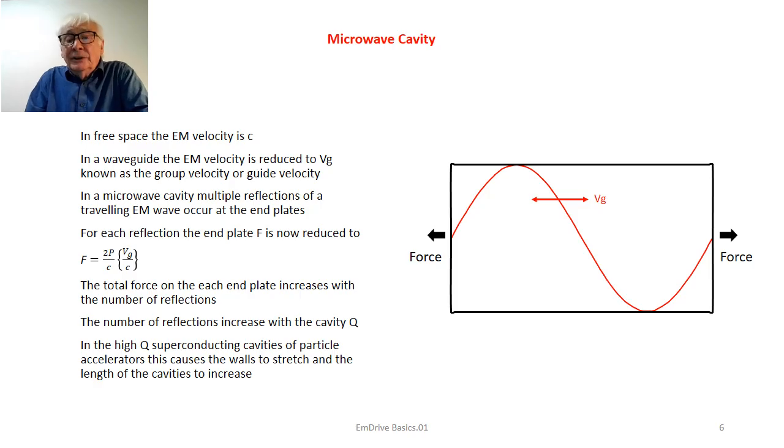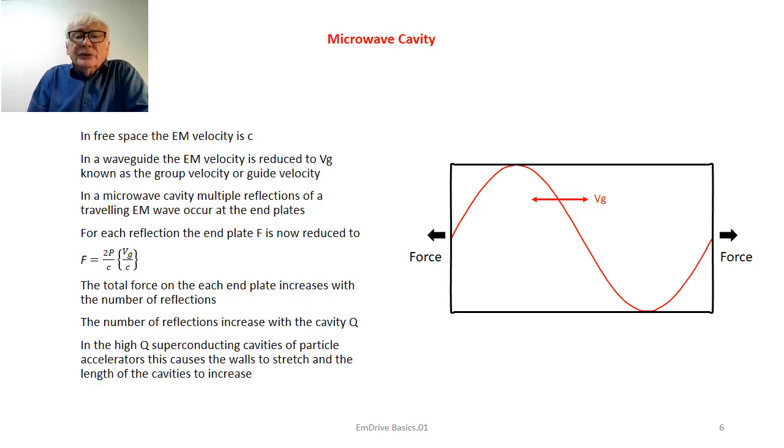Now the wave will reflect off each end plate and therefore bounce backwards and forwards inside the cavity, and the force on each end plate will be reduced by the guide velocity Vg rather than the velocity in free space. The force is simply the same equation we used before, F equals 2P over c, but now we multiply it by the ratio of Vg over c.